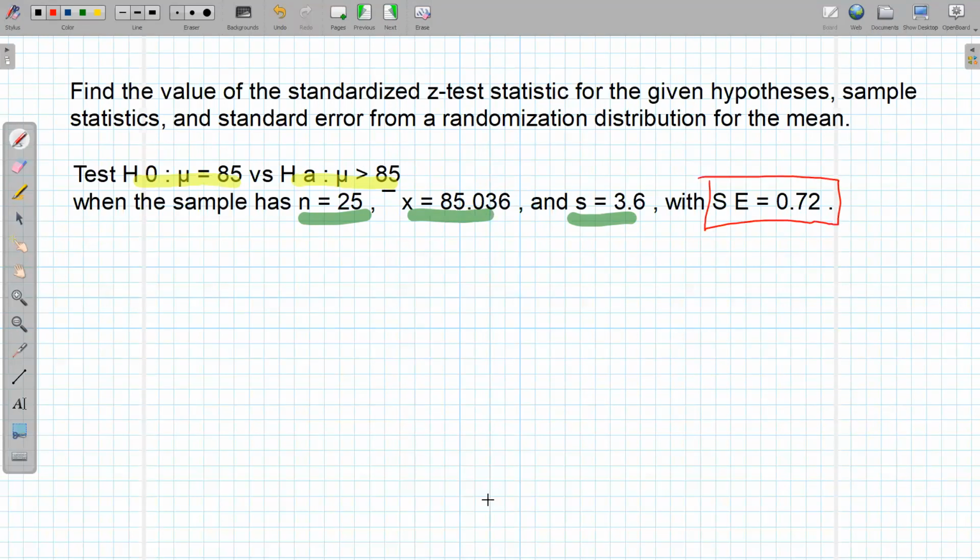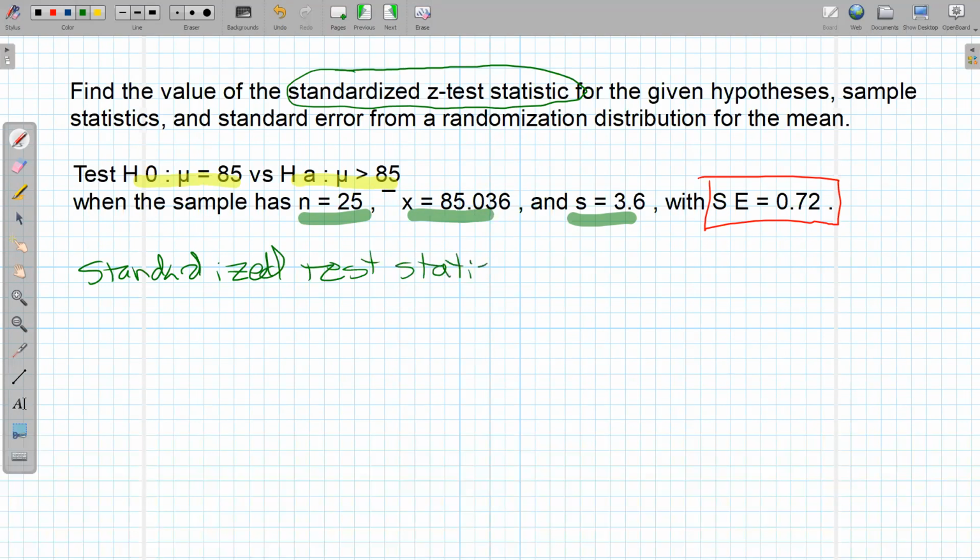So there's 3 different ways we use z-scores in this kind of thing. One way is this idea of a standardized test statistic. Played with this a little last class in previous videos. Standardized test statistic. And it's going to look something like this.